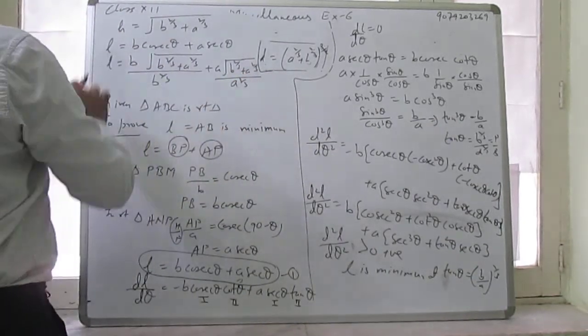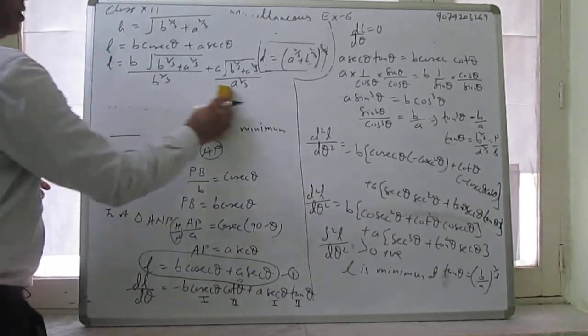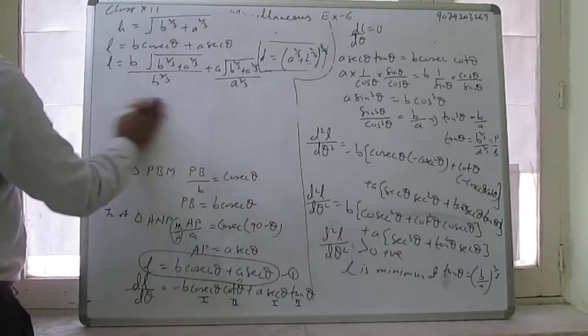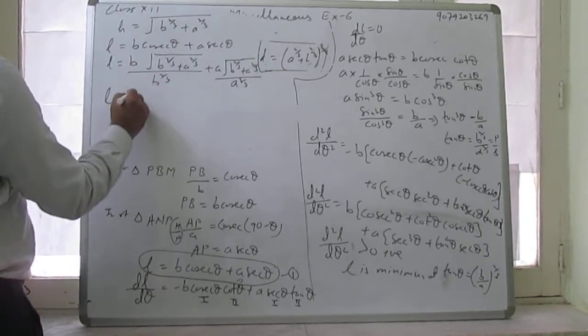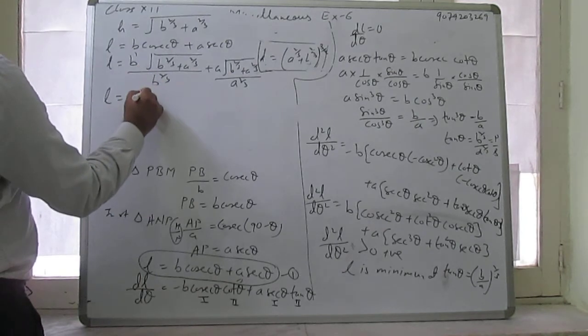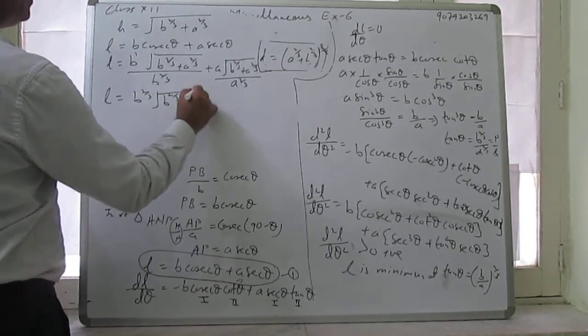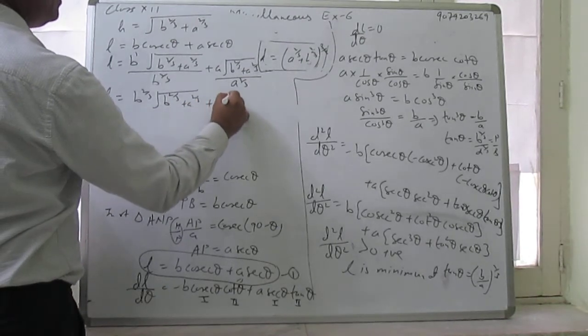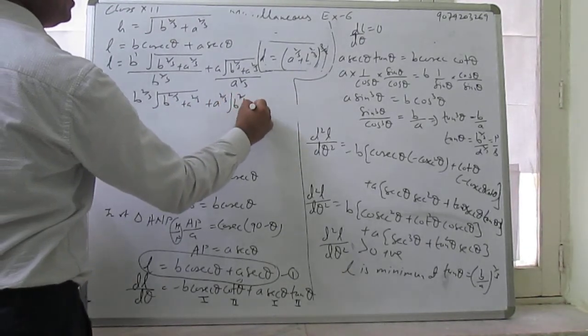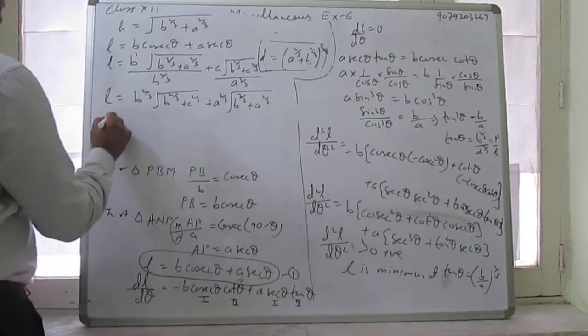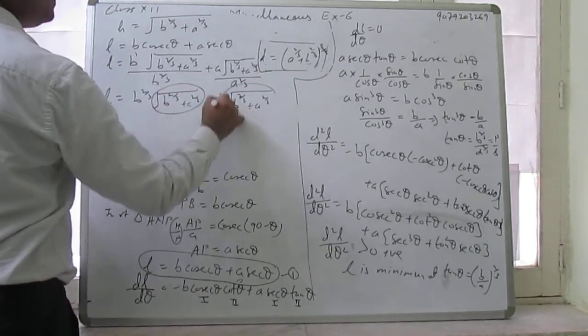So the length is equal to the power becomes 1 minus 1 by 3, which is 2 by 3: under root B2 by 3 plus A2 by 3 times B2 by 3 plus A2 by 3. Now you see that this is common.